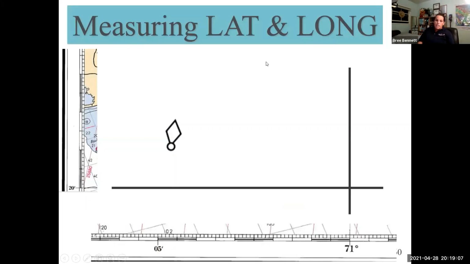So our first thing is measuring lat and long. There are 2 ways we go about this. One, by seeing an object on the chart, whether it's a buoy or an island, the entrance, whatever it is, seeing an object on the chart and then writing down the lat and long.